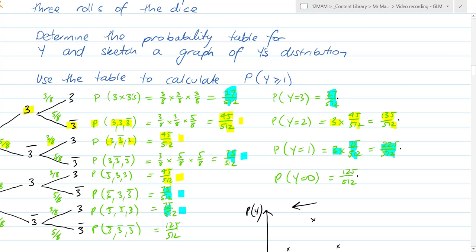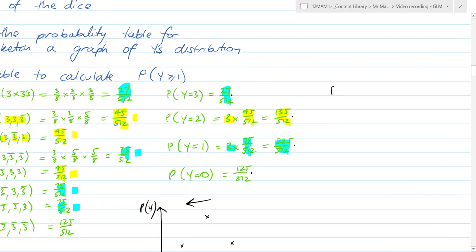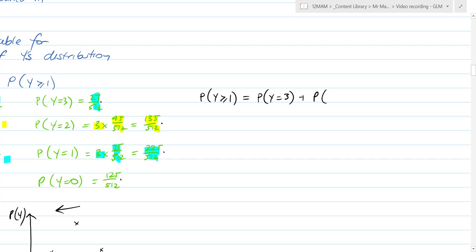Secondly, I can use that to help me with this question. So the probability that y is greater than or equal to 1 is equal to the probability that y equals 3 plus the probability that y equals 2 plus the probability that y equals 1, which is pretty easy because we've done these calculations anyway, but it's also equal to 1 minus the probability that y equals 0.